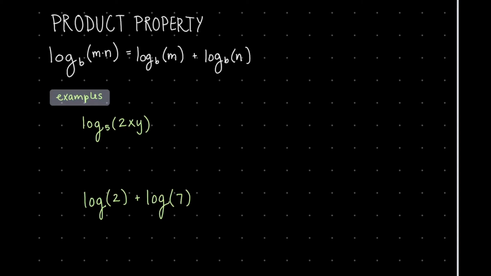The other side of that is if you have two logs with the same base being added, you can multiply their arguments. And when I say argument, I'm talking about what's inside the log. So when you have two logs being added with the same base, you can condense them to a single log, multiplying what's in the log.